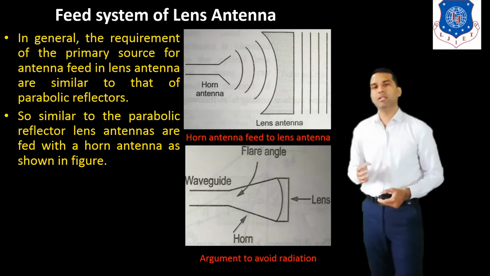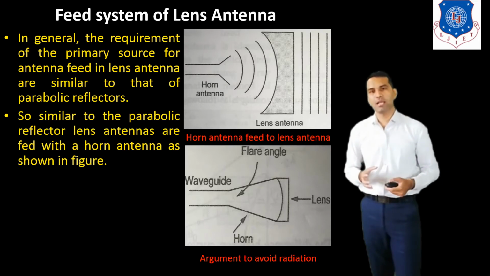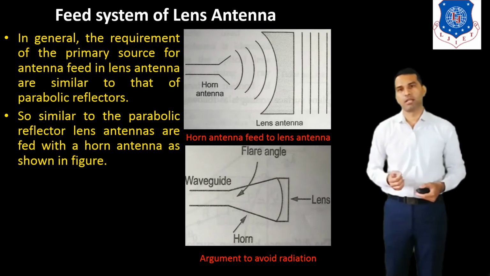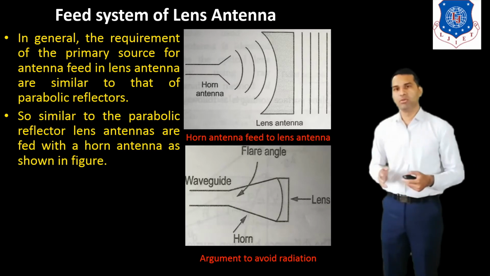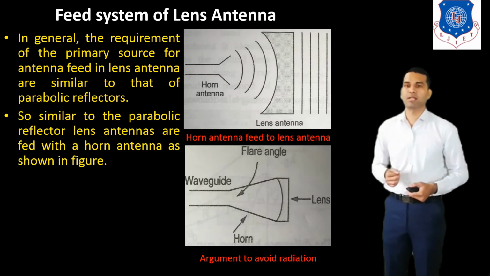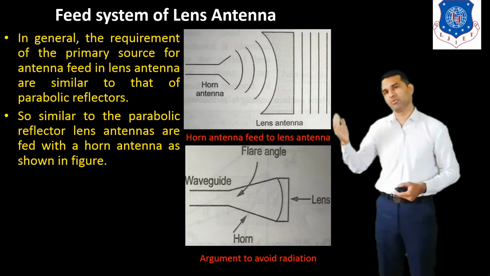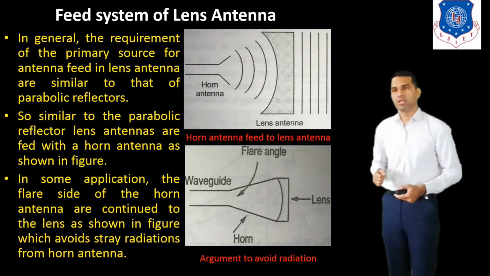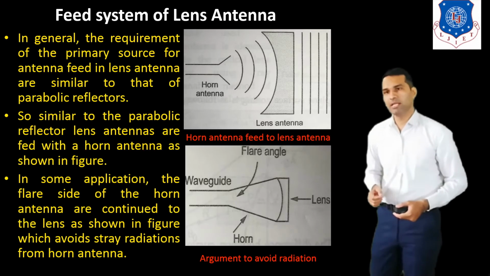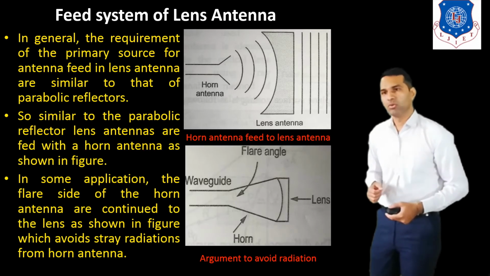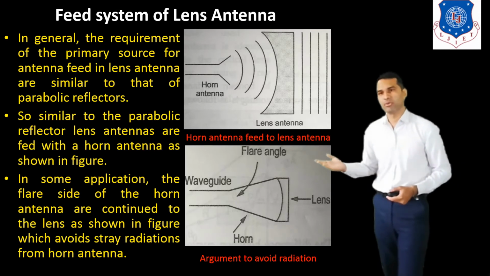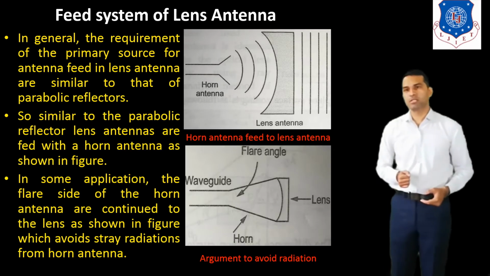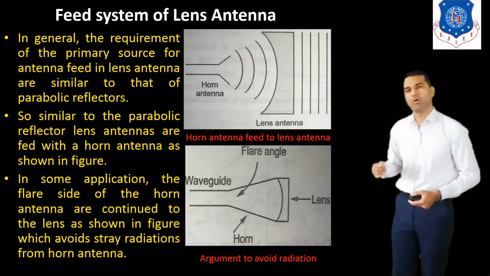Normally we feed the lens antenna using the horn antenna, the same principle we use to feed the reflector antenna. In some applications, the flat side of the horn antenna is continued to the lens as shown in the figure, which avoids the stray radiation from the horn antenna.